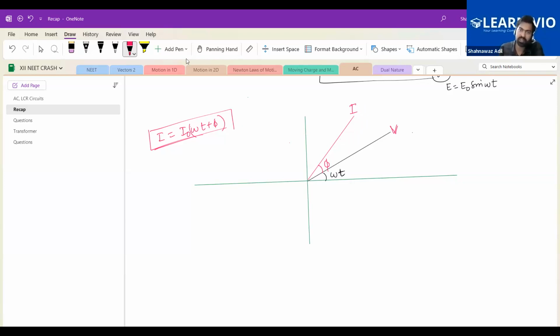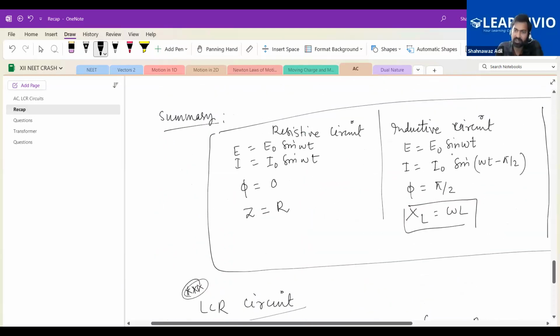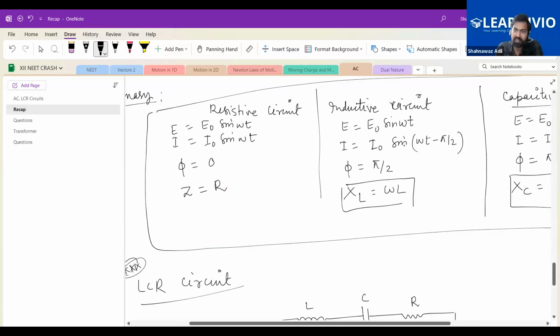And we know that the voltage of the resistive circuit would have the same phase as this current, right? So the resistive circuit will have the same phase. Let's say this is VR, and then we know that the inductor is with how much angle? In the inductive circuit, the current is lagging behind, which means that the voltage would be ahead.